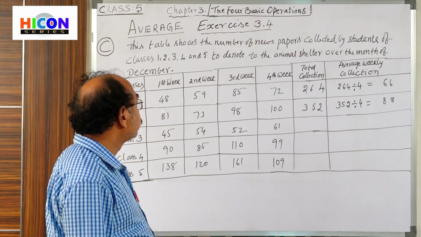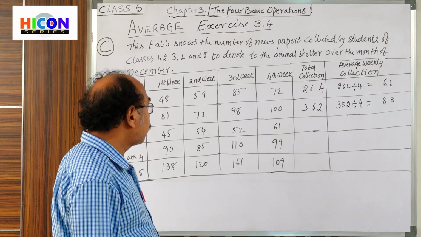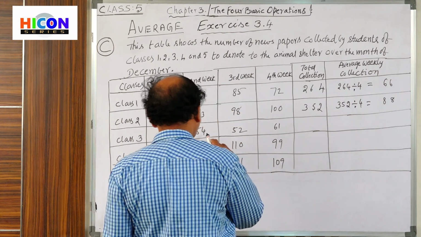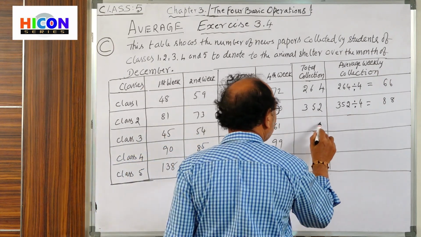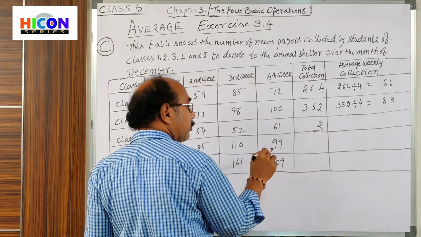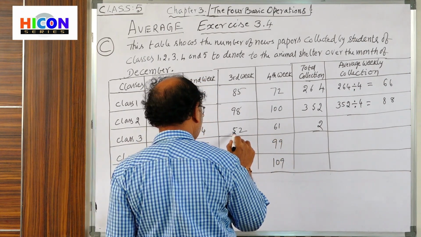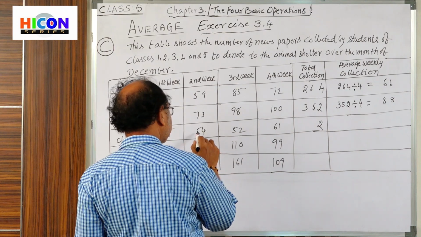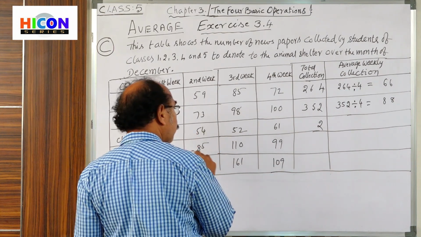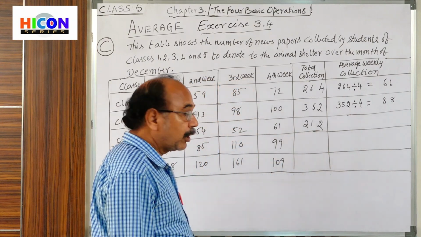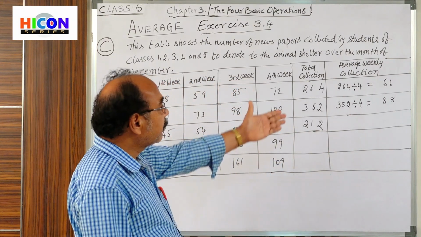Add 2 plus 1, 3, 3 plus 4, 7, 7 plus 5, 12. 2, 1 is there, no? 1 plus 6, 7. 7 plus 5, 12. 12 plus 5, 17. 17 plus 4, 21. 212 total collection.